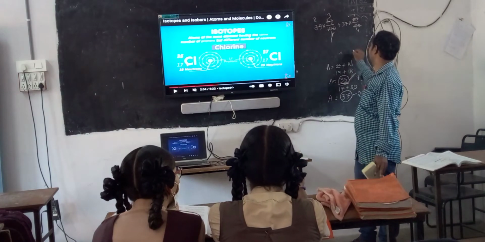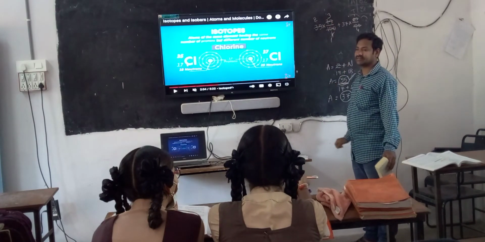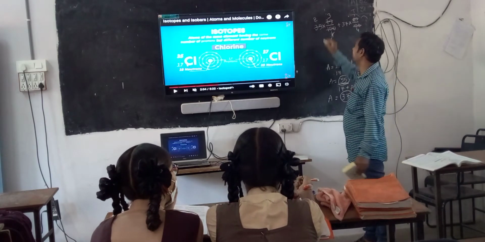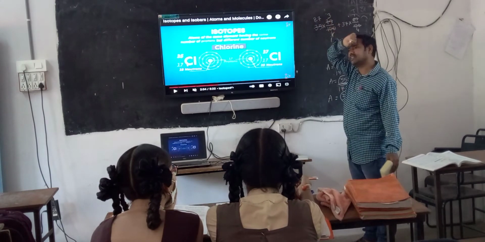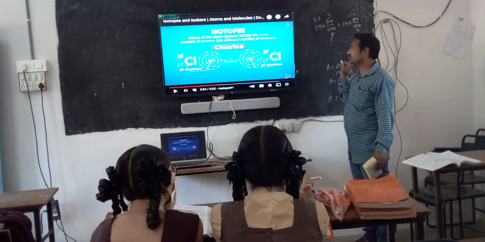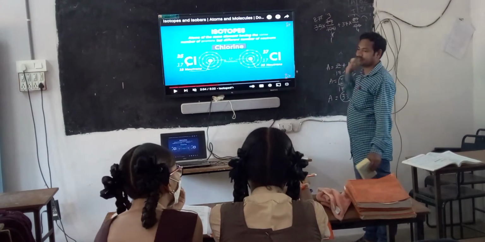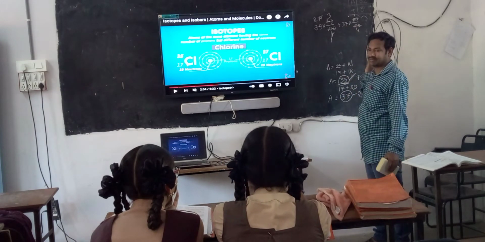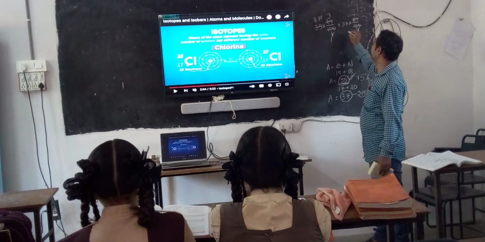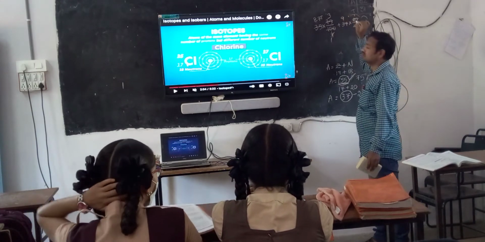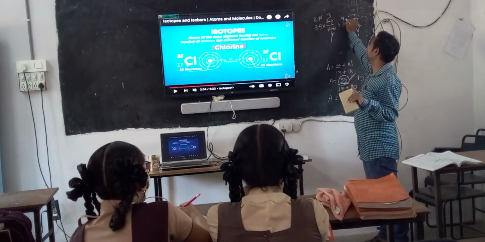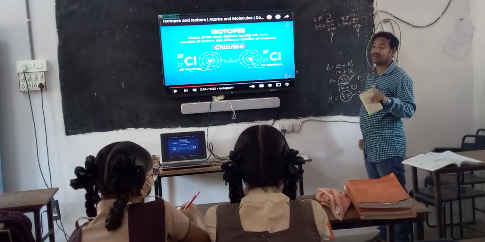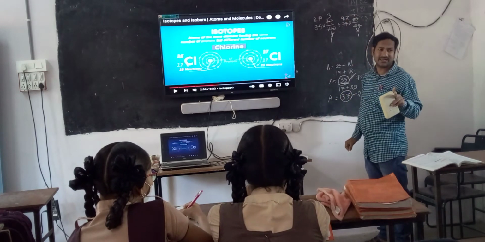Point 13. 4 sevens are 28, remaining 2. 20, 4 fives are 20. Here also it will come in points.